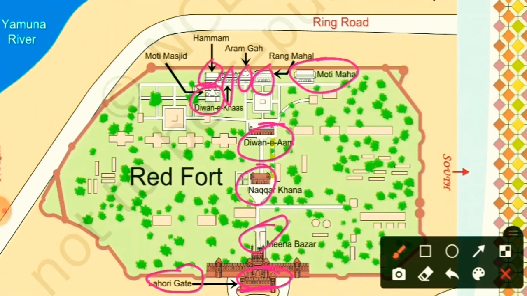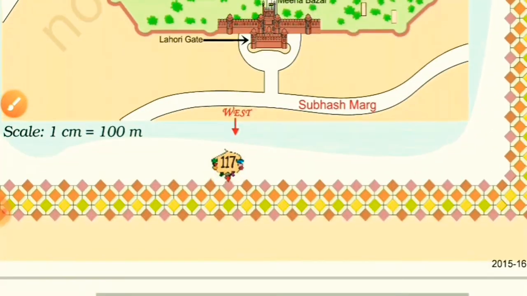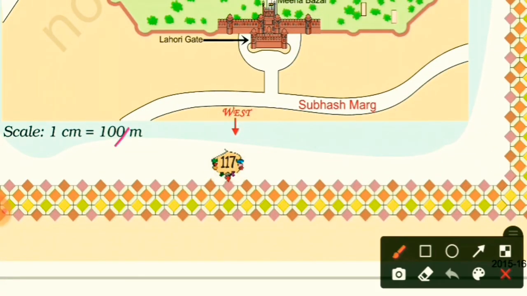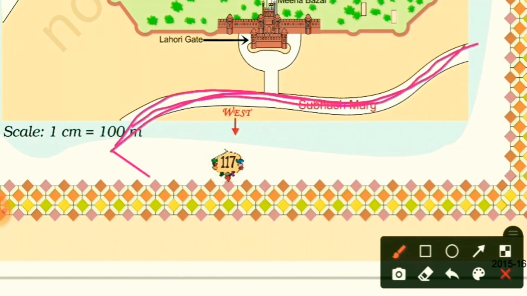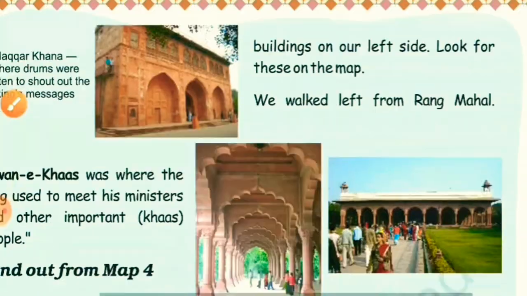And here is also the Yamuna River, you can see. Ring Road is showing here. Okay, so now come to Subhash Marg. You can see this is Subhash Marg, where we saw the parade. Okay, now there were some questions.